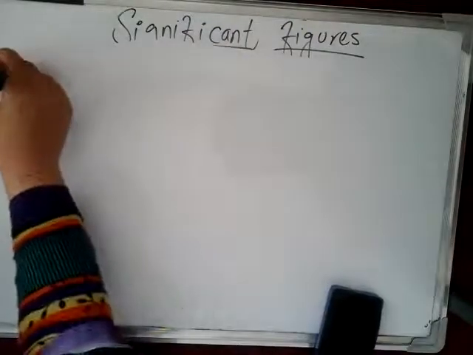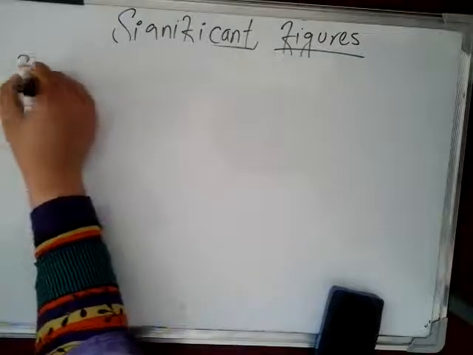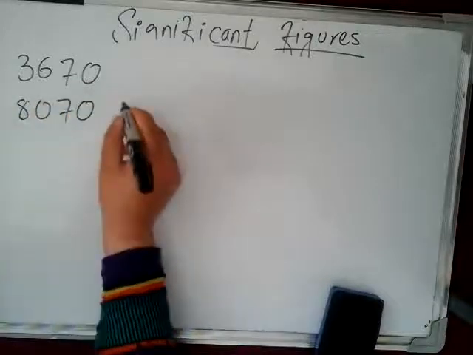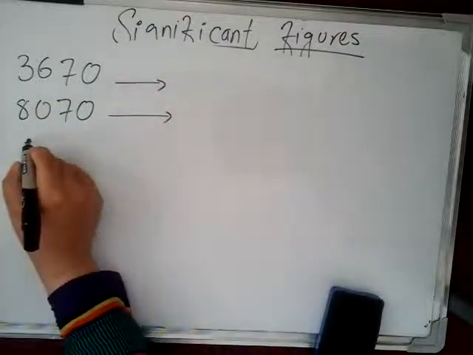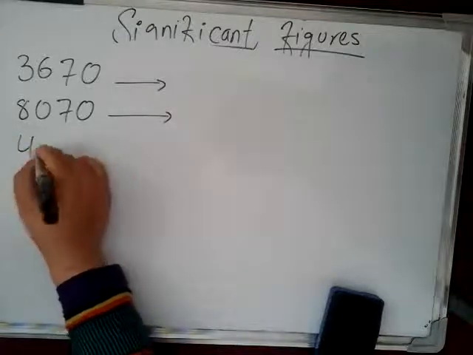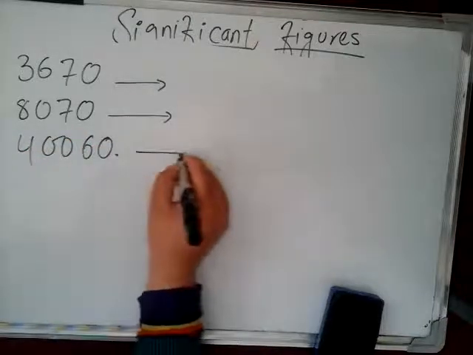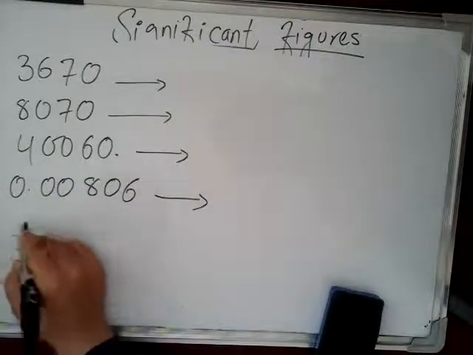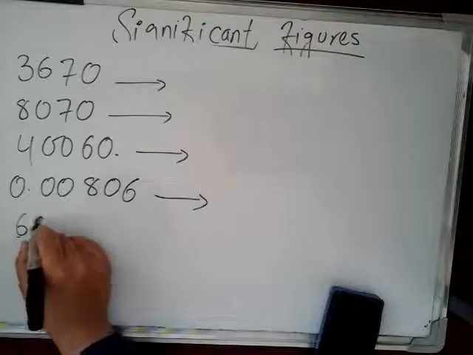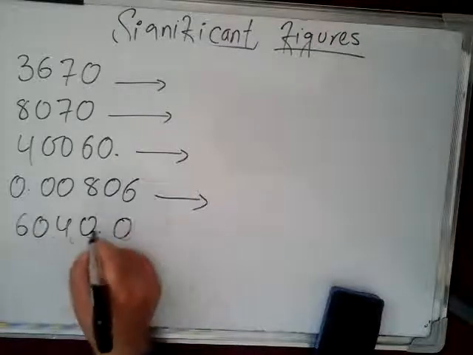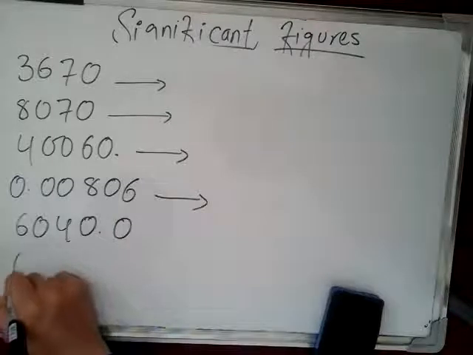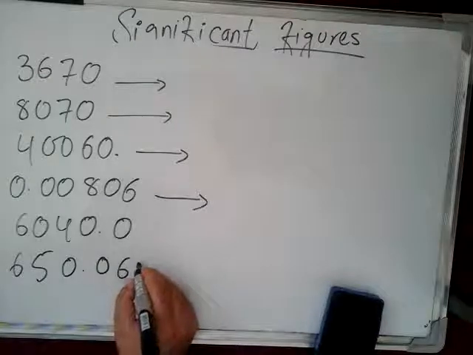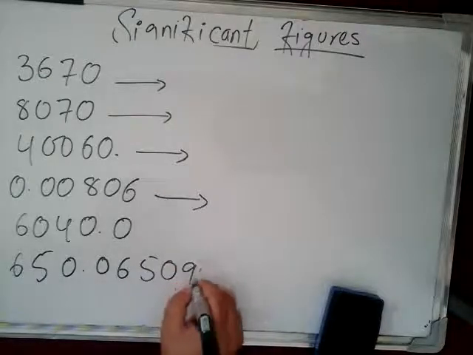For example, there are some questions: 3670, 8070, 4060.0, 0.00806, 76040.0, and 750.065090.